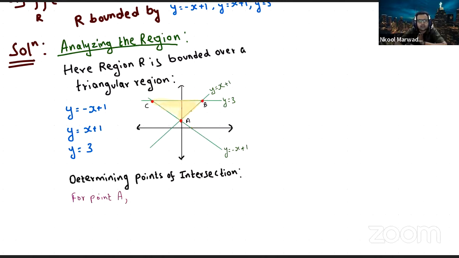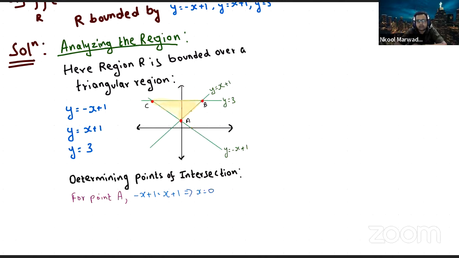So I can say that instead of y, I can write minus x plus 1. Minus x plus 1 is equal to x plus 1. This x I can take here, this I can take there. It implies x is equal to 0.